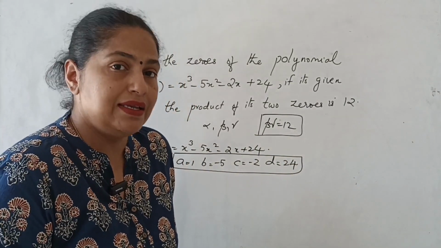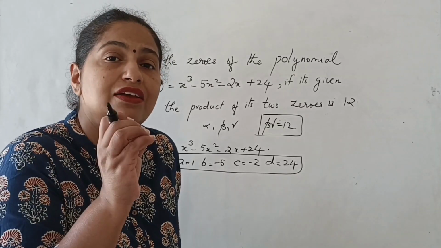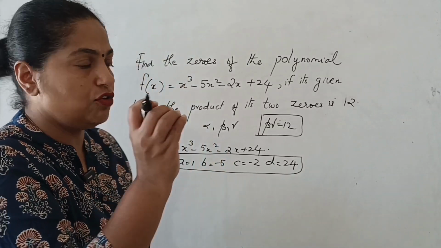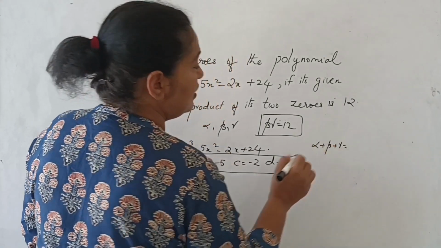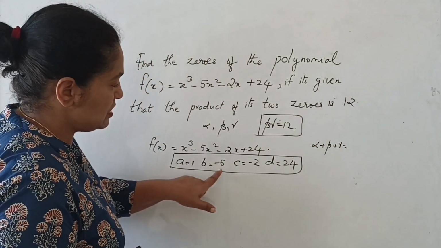Now I told you the next step will be to write down the relation between the zeros and the coefficients. So alpha plus beta plus gamma is equal to minus b by a, which is 5.